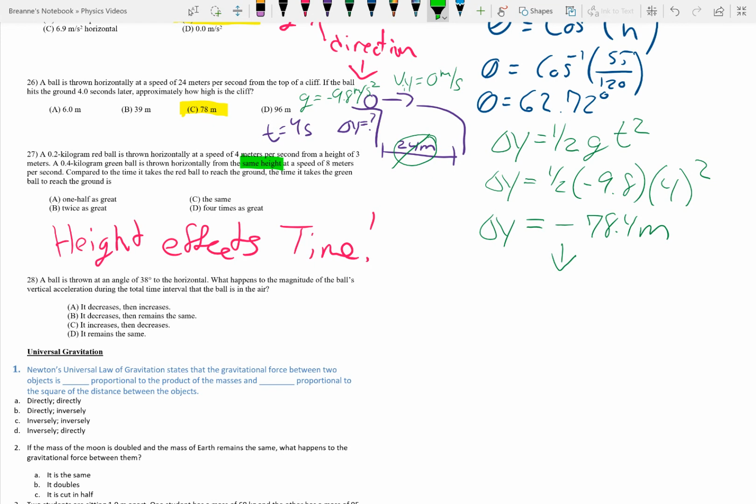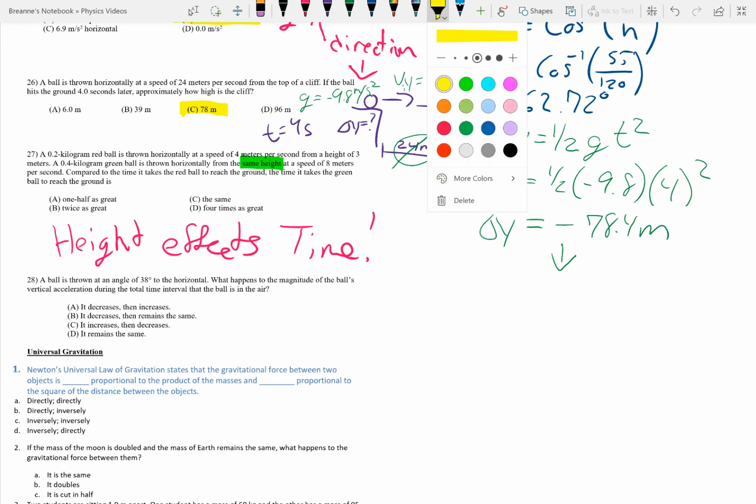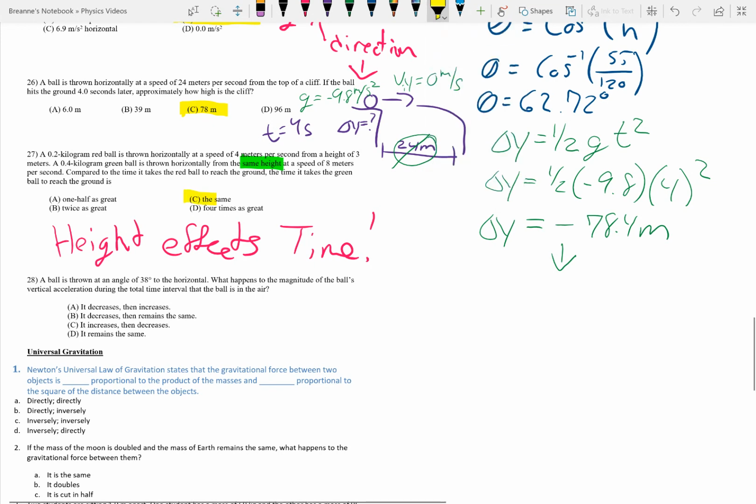Same height. So since same height, what does that mean about the time? It's going to be the same, no matter how much it's going in the x direction, because these velocities here are moving in the x direction. Doesn't matter how much is moving in the x direction. Height affects time. Same height, same time.